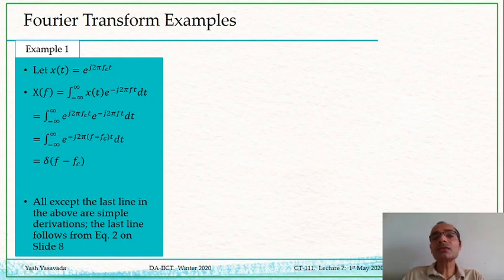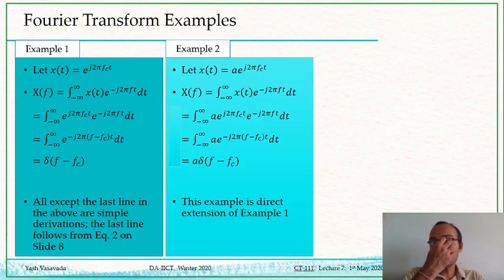What if this x of t is multiplied by some scalar? Let us say instead of having a unity voltage magnitude, we have x of t which is scaled by some scalar a, and this a, by the way, can be real valued, or we do not prevent it from becoming complex valued either. Essentially, it is scaled by some scalar small a.